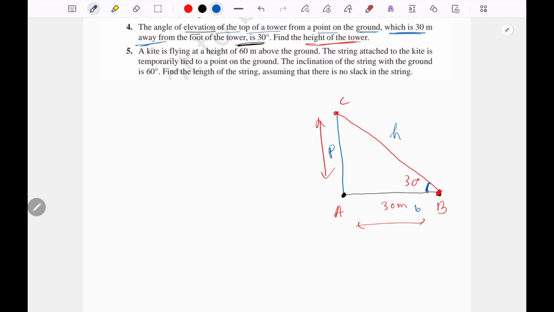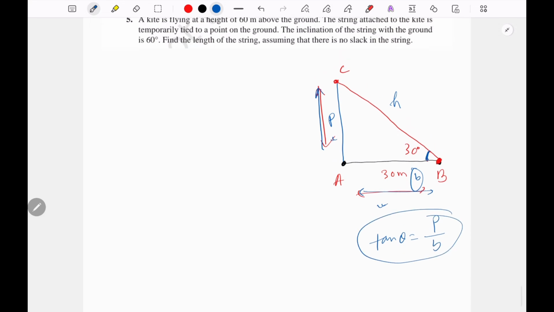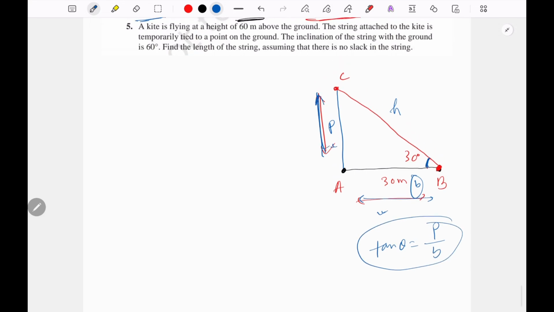Now we are given the value of B, that means we know the value of AB. Then we need to find the value of P. So what is the relation between B and P? We know that tan of angle theta is P by B. So from this relation we can find the length of P.